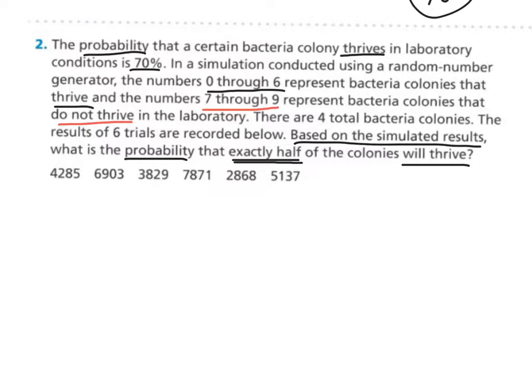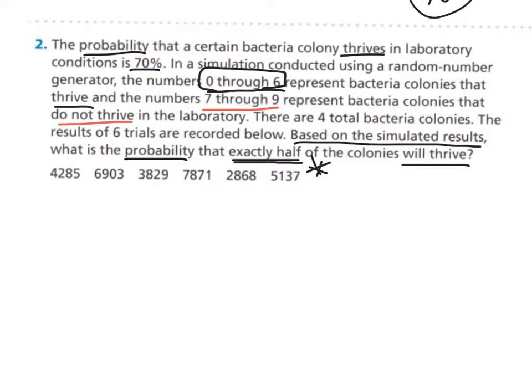So we want half of them to thrive and half of them not to thrive. For them to thrive, that's the numbers 0 through 6. So basically what it boils down to is that in our sets of numbers, 2 of them should be 0 through 6, 2 of them should be 7 through 9.